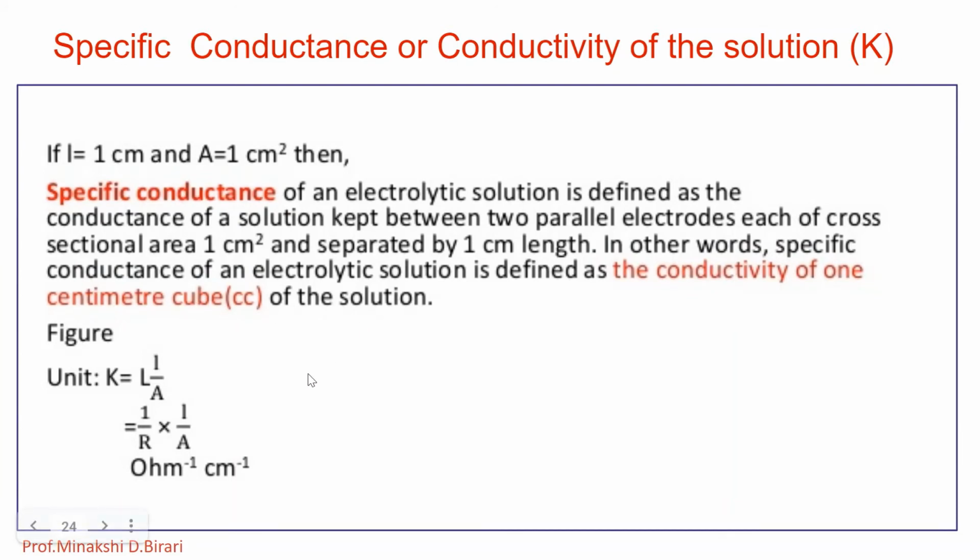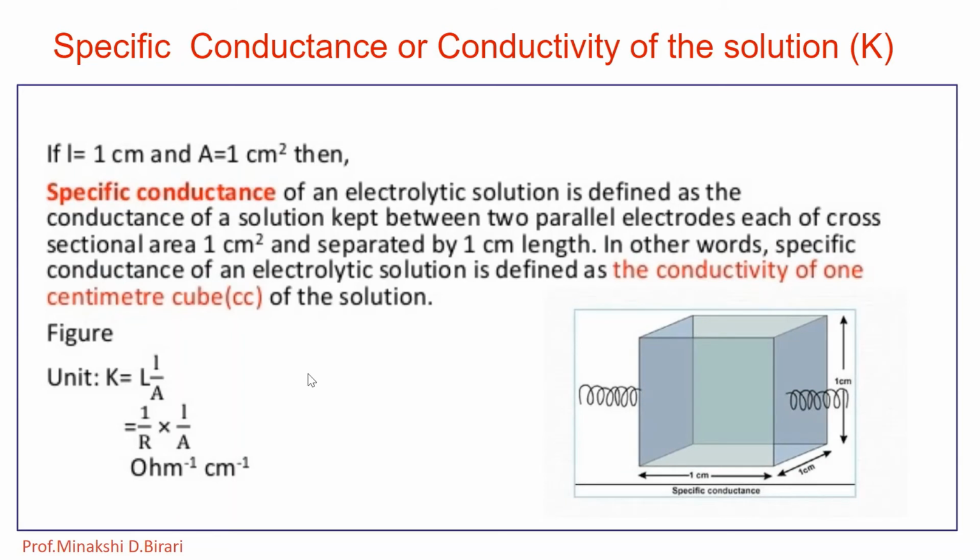So, what is the unit of specific conductance or conductivity of the solution? Specific conductance is given as K is equal to 1 upon R into L upon A, because it is the reciprocal of resistance. L is the length, and A is the area of cross section. R has the unit ohm, L has the unit centimeter, and area of cross section has the unit centimeter square.